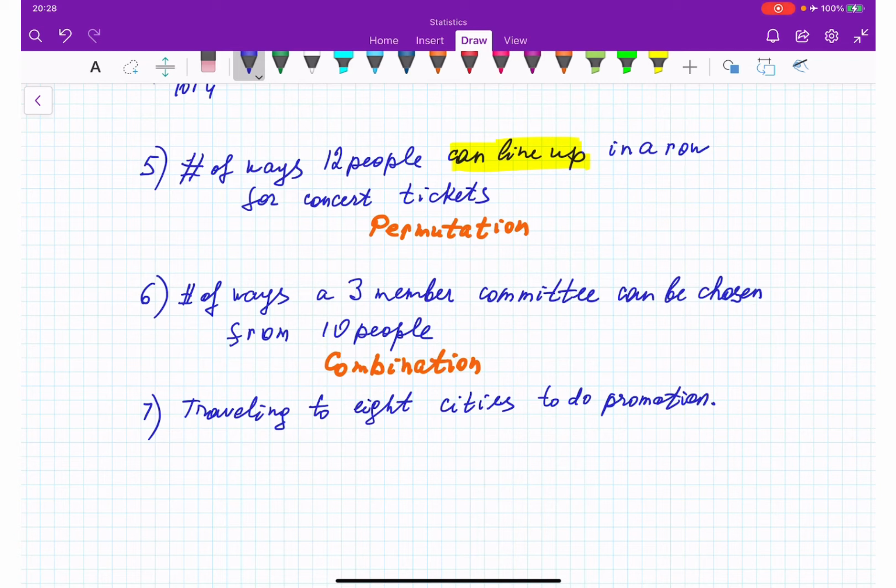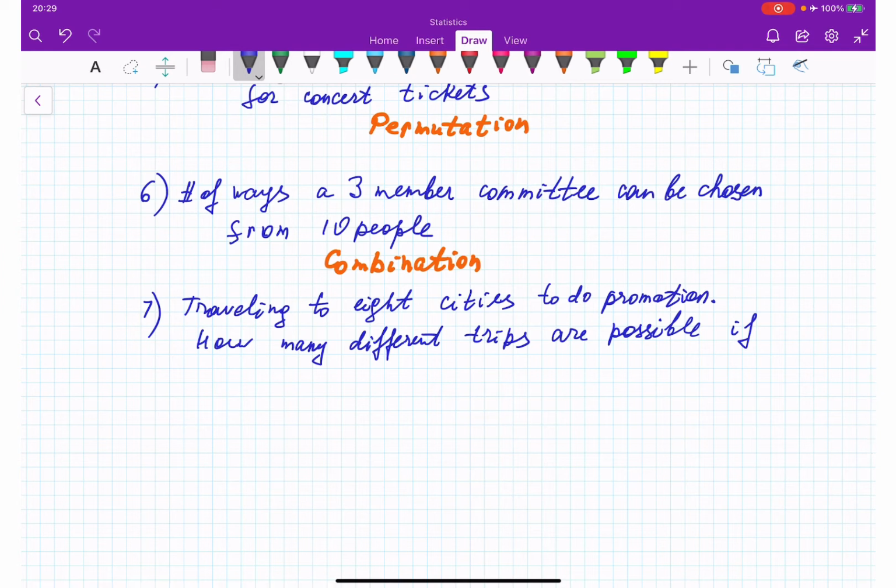How many different trips are possible if any road between cities is possible?